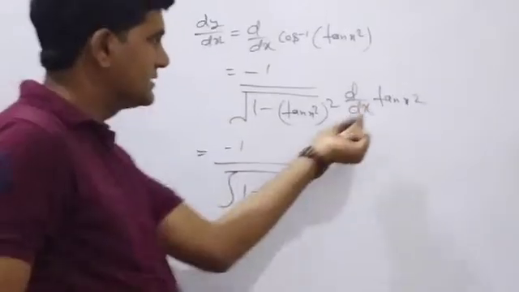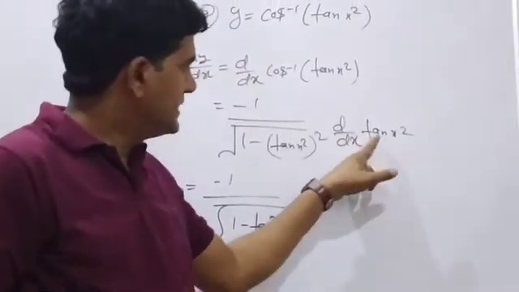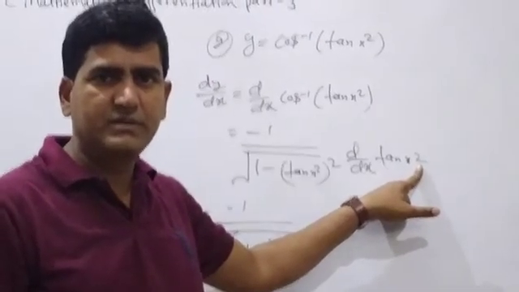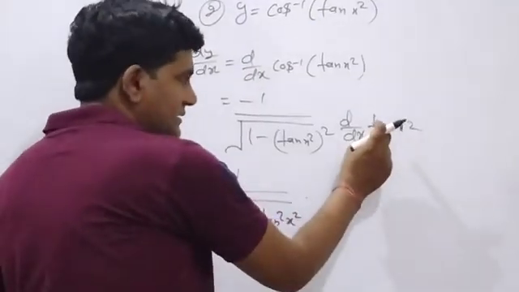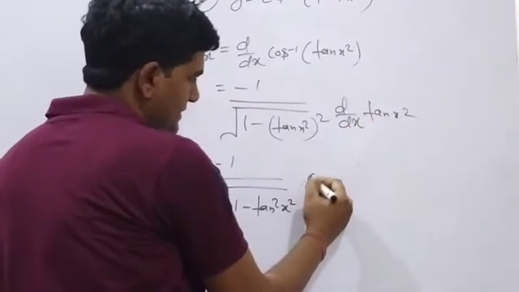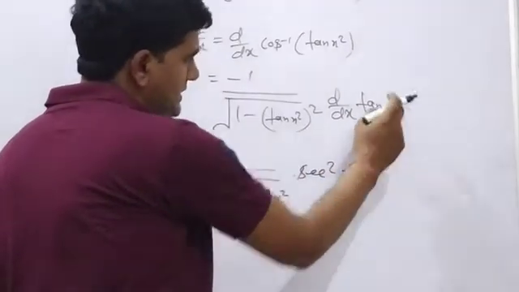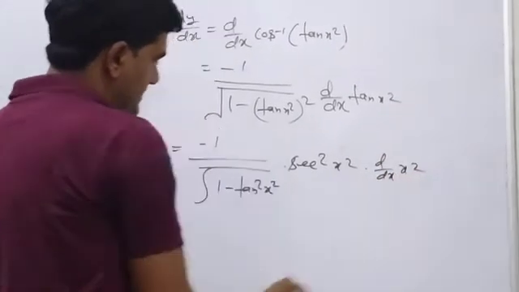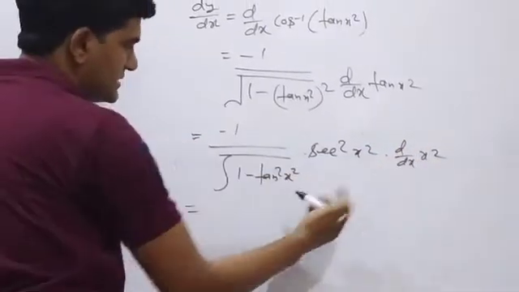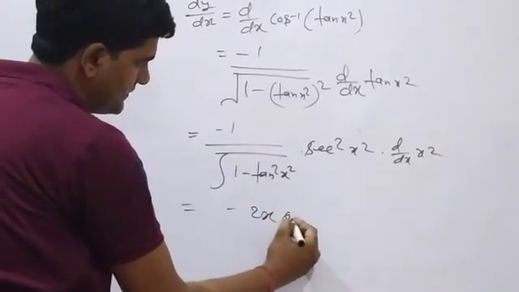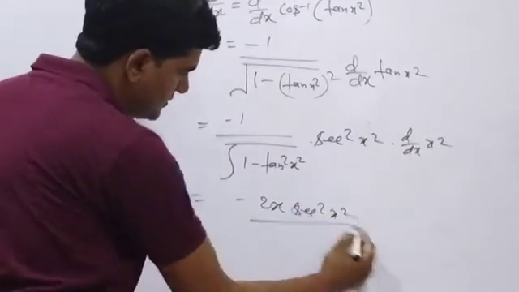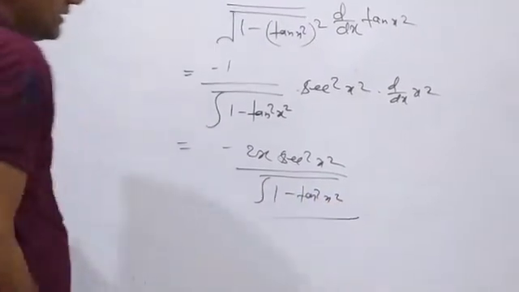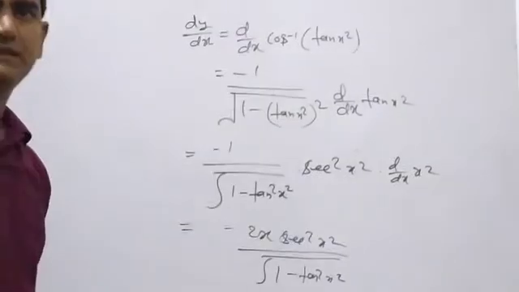Tan x square, here tan is the outer function and x square is the inner function. In the second video I have given an example based on this. Then the differentiation of tan is sec square x square, and d by dx of x square is 2x. So minus 2x into sec square x square, whole upon under root 1 minus tan square x square. Now this is the answer of the second example.